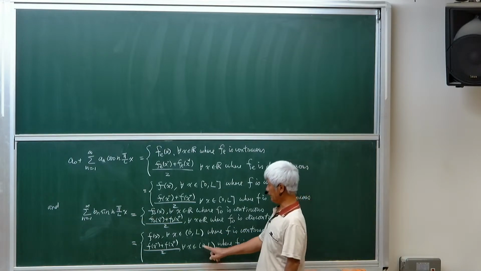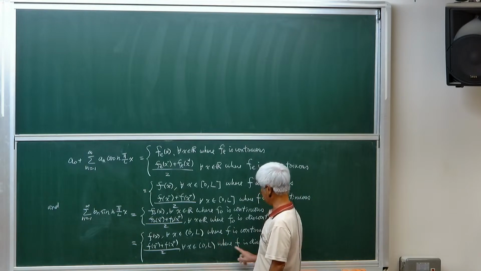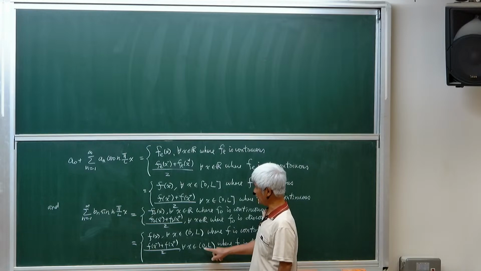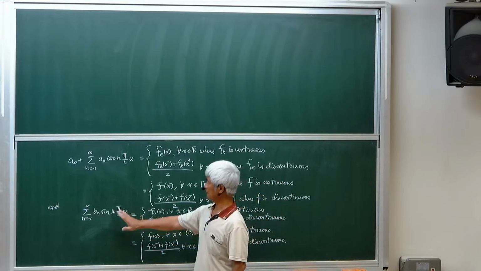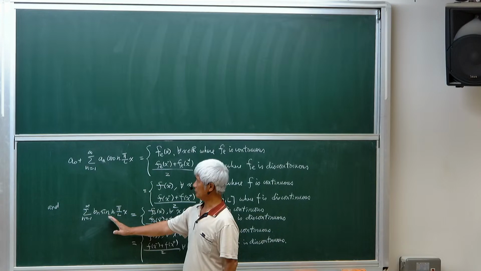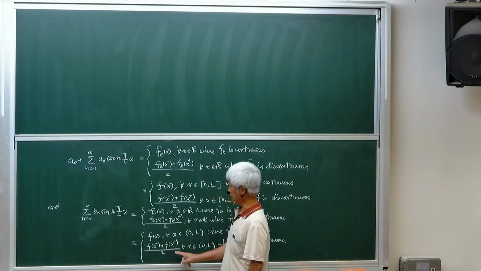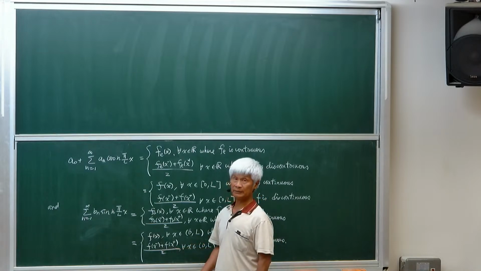But when f is not continuous at a point x in this open interval, then this trigonometric Fourier series will converge to the average of the left-hand limit and the right-hand limit.